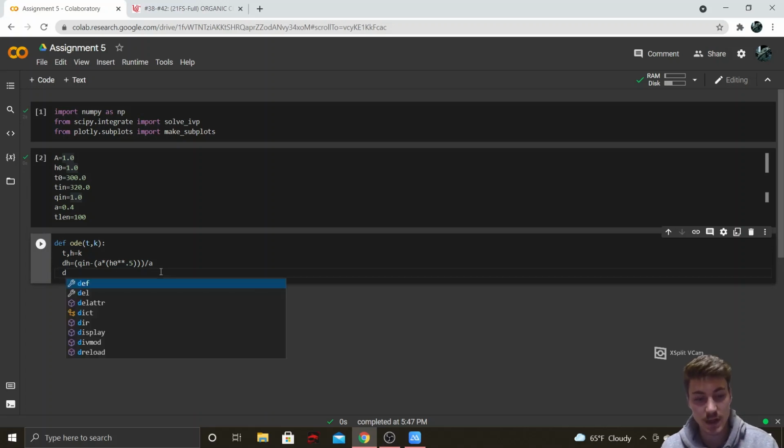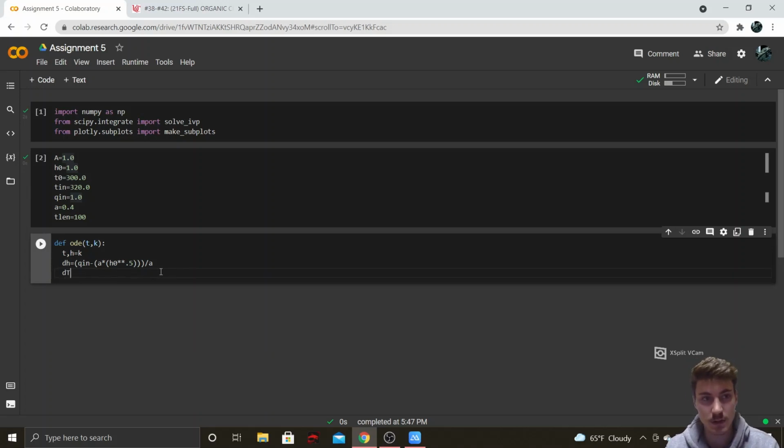And then our change in temperature, or I can keep that as lowercase t.